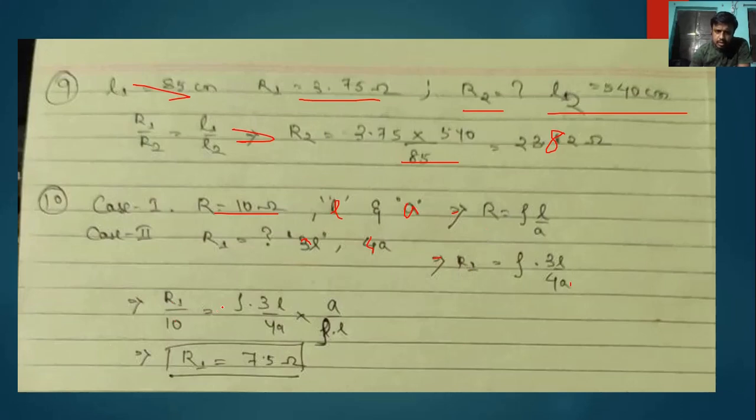So R1 by 10 is equal to rho into 3L by 4A whole divided by rho L by A. After simplifying, we multiply by inverting the numerator and denominator, and we will get R1 is equal to 7.5 ohm.